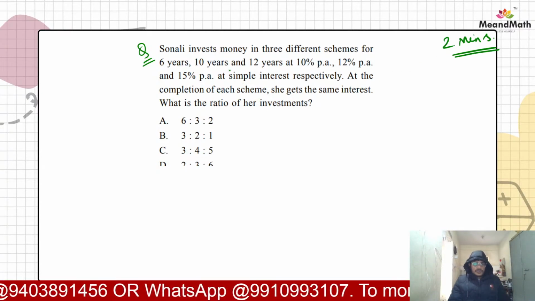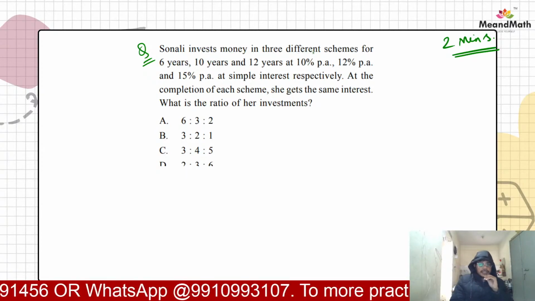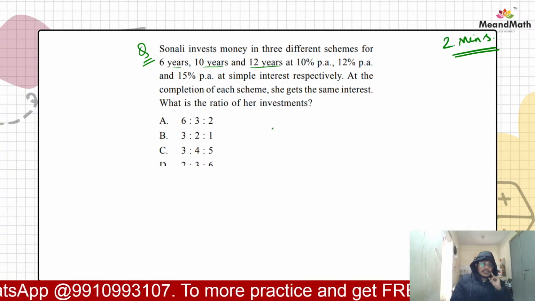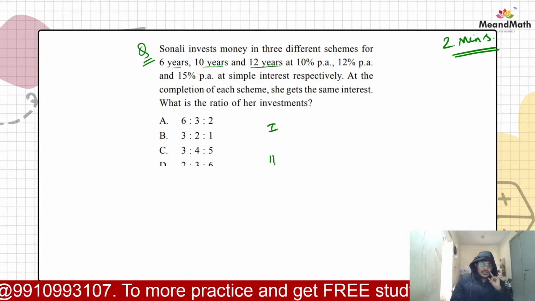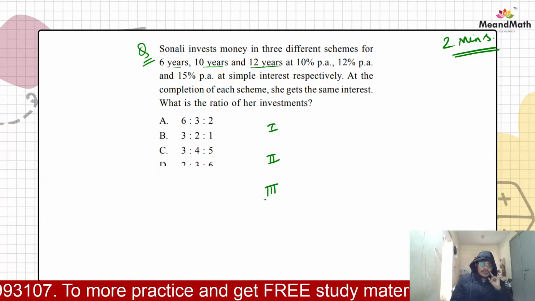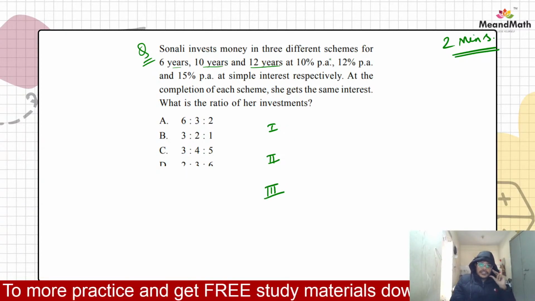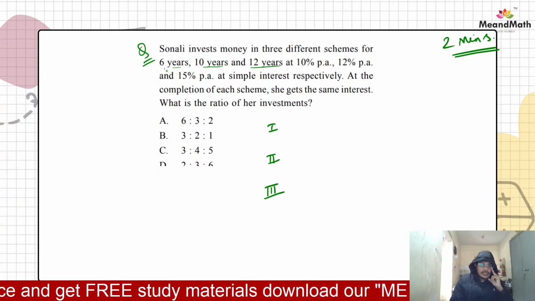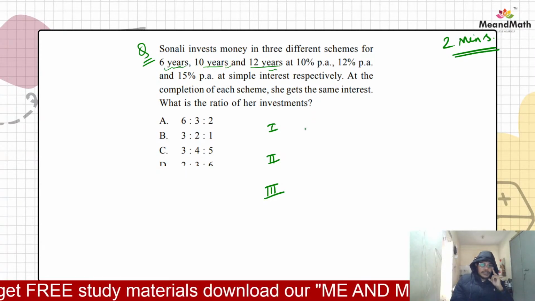Okay, so Sonali invests money in three different schemes for 6 years, 10 years, 12 years. Let's say this is your scheme number one, scheme number two, scheme number three. What did she invest into? 6 years, 10 years, and 12 years.